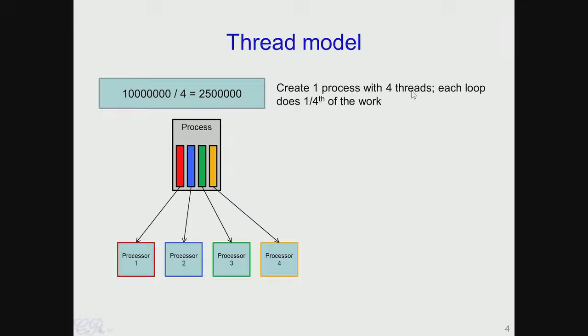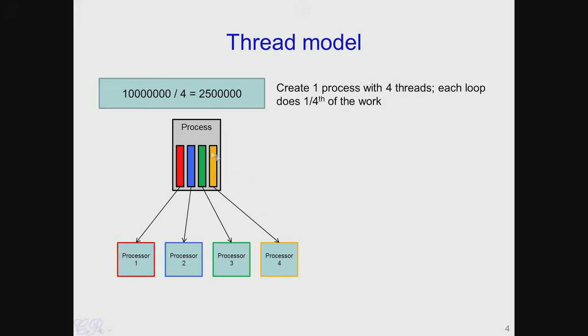Each of these threads, quite like the previous idea of using parallelized processes, would have a loop which does a quarter of the work, that is, each of these threads would find the sum of 2.5 million numbers.